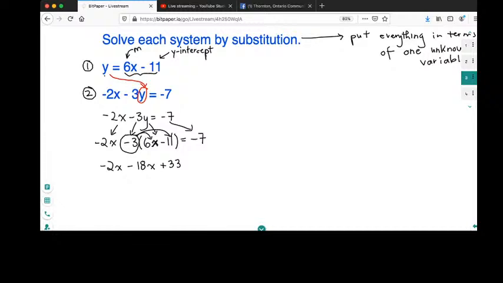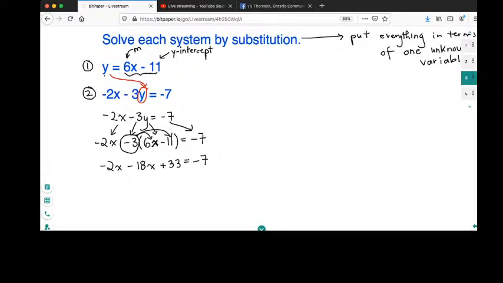And that's one thing I want you guys to be very careful of in these kind of problems. Always make sure that if this is a negative 3 or a negative whatever number, you're multiplying it in as a negative. And then here we've got negative 7. Very good. Okay, so now what we need to do is collect our like terms.